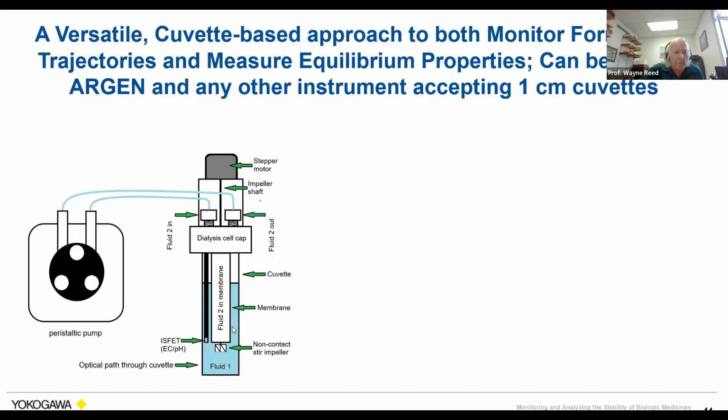And so you have your biologic in fluid one, the blue fluid here, that's sitting inside your spectrometer. In this case, we're using the Argen for virtually all of the data. But you could put it in a UV vis, you could put it in fluorescence or circular dichroism or Raman, whatever will accept the 1 centimeter cell. The dialysate goes through fluid 2, and so it diffuses through the membrane, changes the condition of the biologics in fluid 1, and those you're monitoring with your optical instrument, in this case, the Argen.